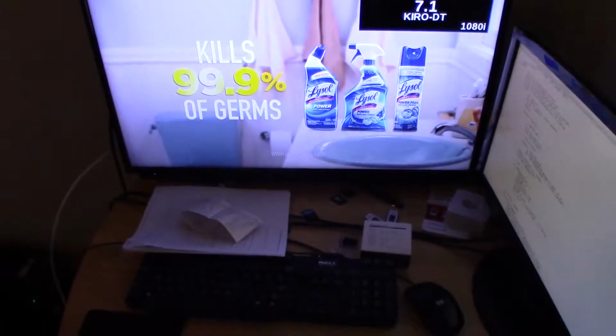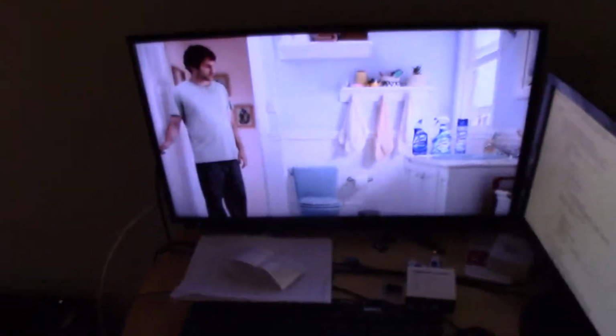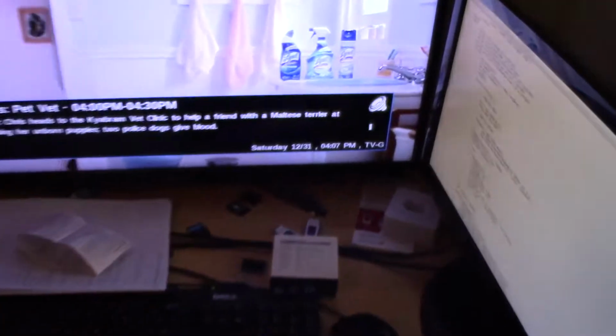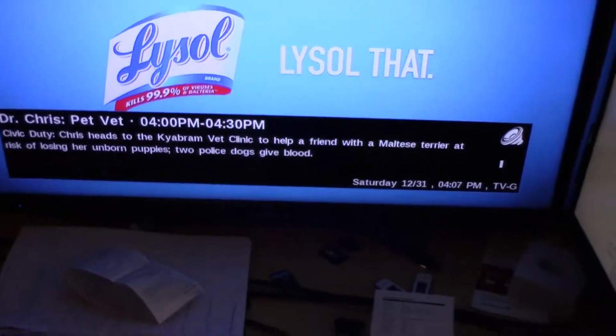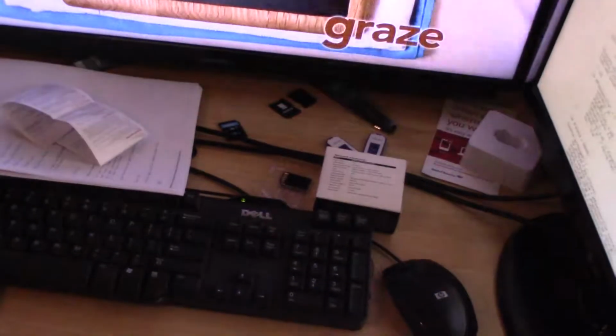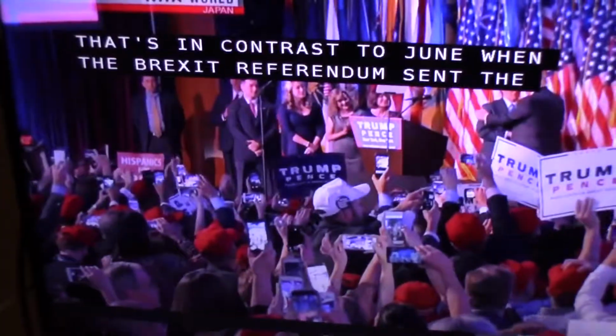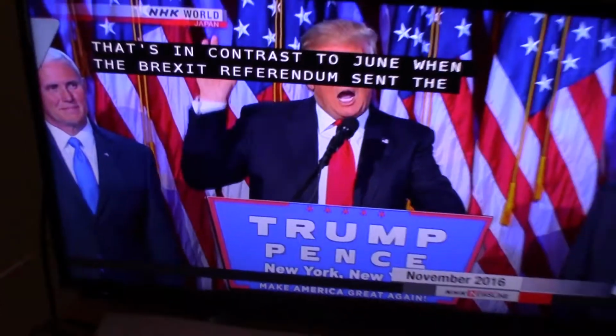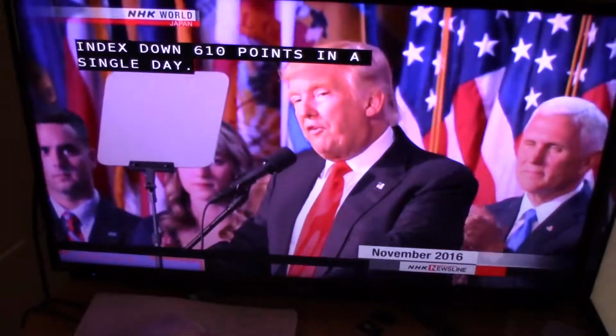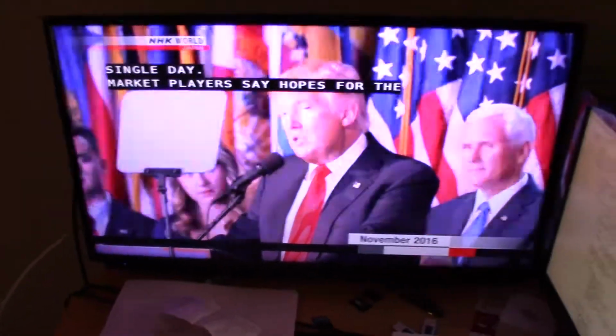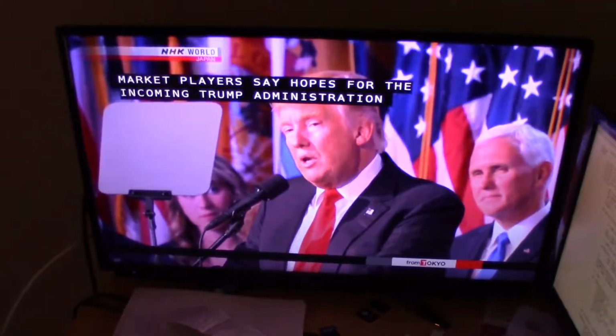They kill 99.9% of germs, including E. coli, to clean and disinfect in and out of the toilet. Lysol that. Snacking has never been this exciting. At Graze.com, we... When the Brexit referendum sent the index down 610 points in a single day. Market players say hopes for the incoming Trump administration are likely to remain high for some time. They say some investors have been alarmed by the rapid stock gains since Trump has released no concrete policies.